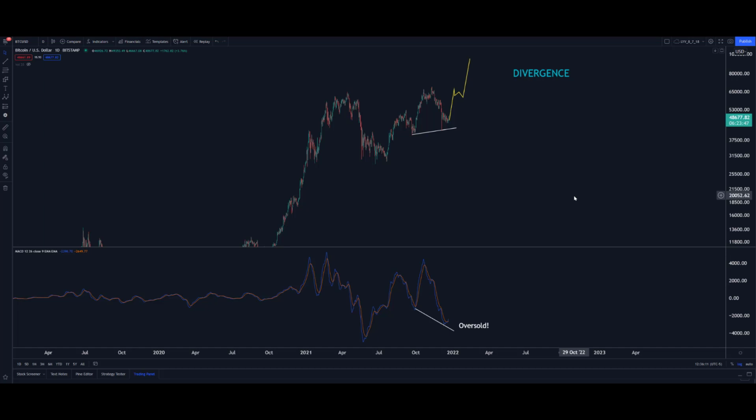And when that rubber band snaps, that is why you get such a vicious upside action, breakout action in price.